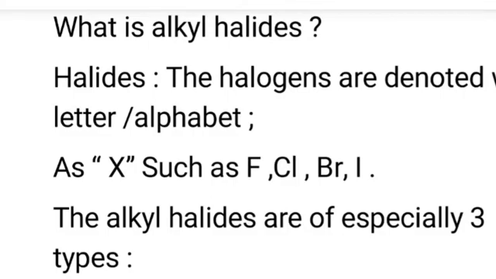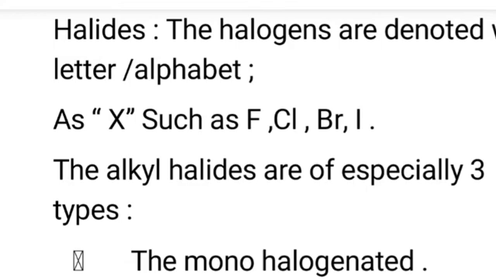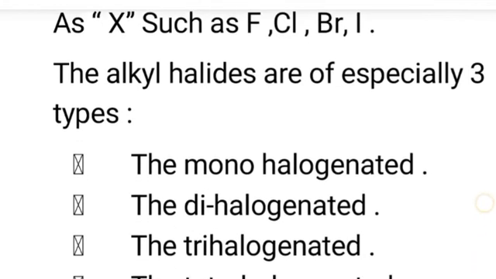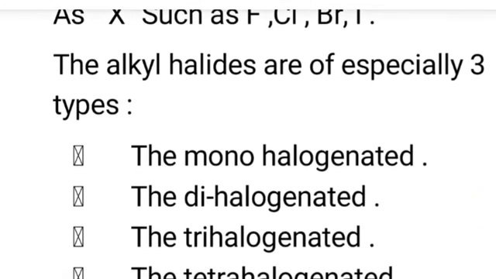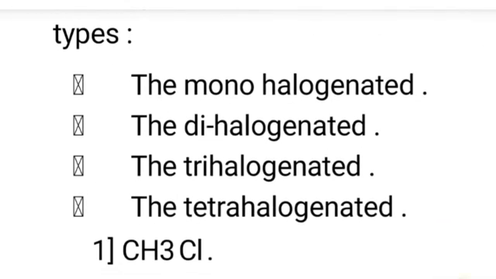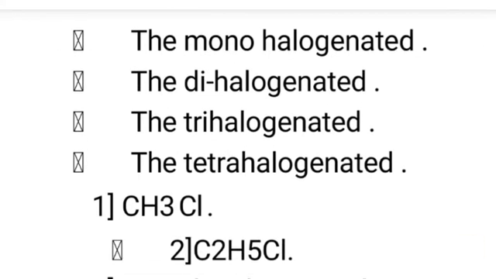Okay. Now halides. The halogens are denoted with the letter or alphabet X, such as fluorine, chlorine, bromide and iodine. Okay. So the alkyl halides are especially of types: the monohalogenated, dihalogenated, trihalogenated and tetrahalogenated.